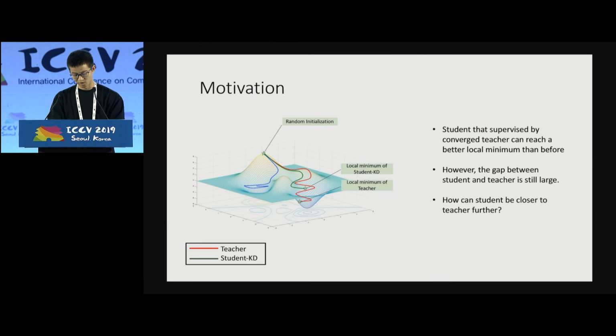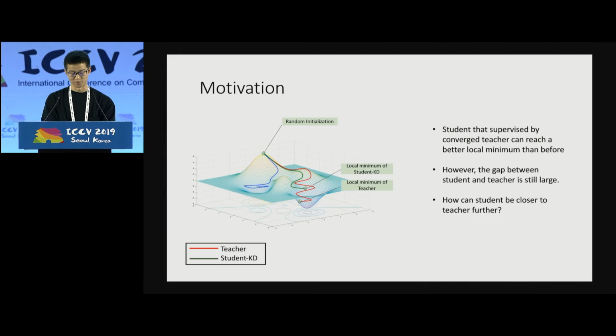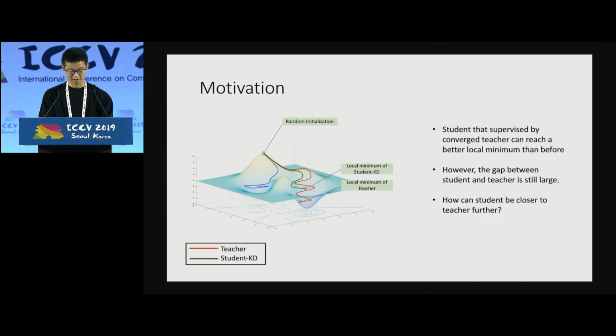Then with the help of KD, students can reach a better local minimum than before. The green line shows the trajectory of student KD. However, the gap between student and teacher is still large. How can the student get even closer to the teacher?